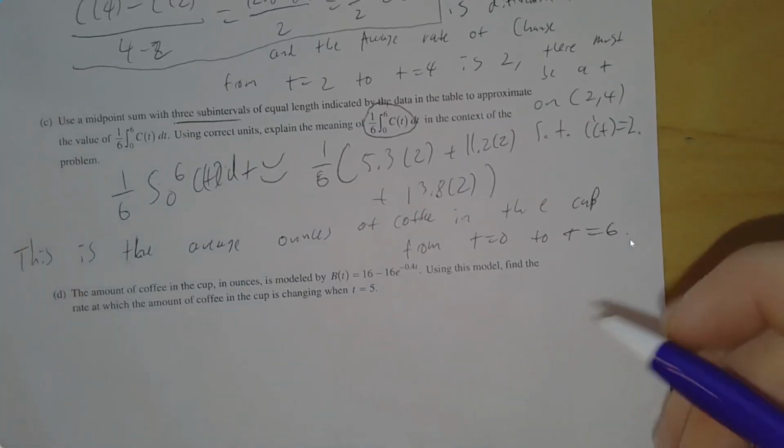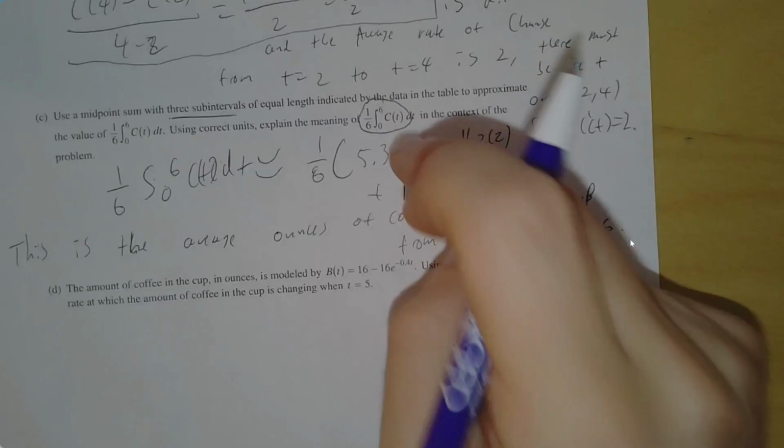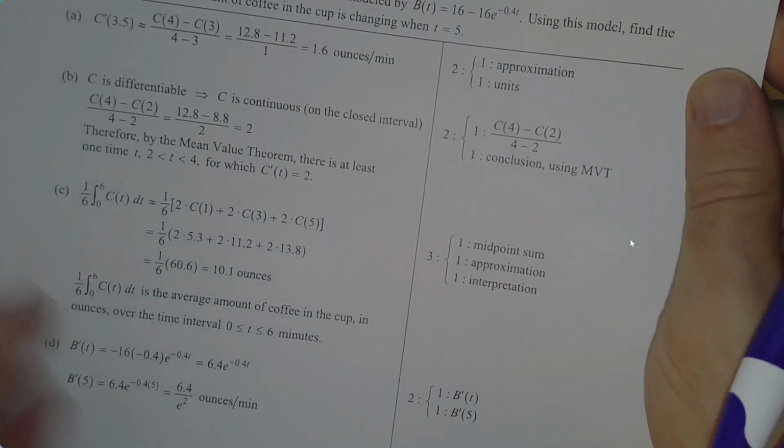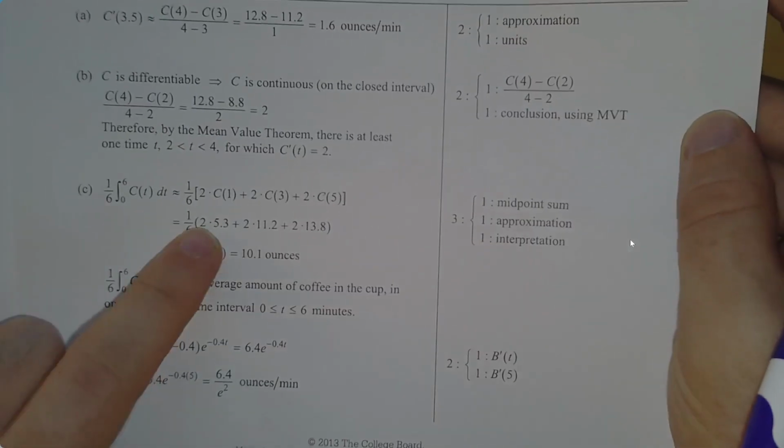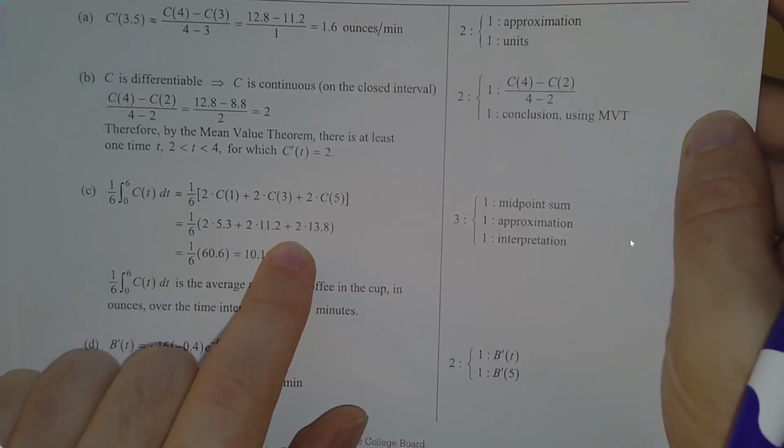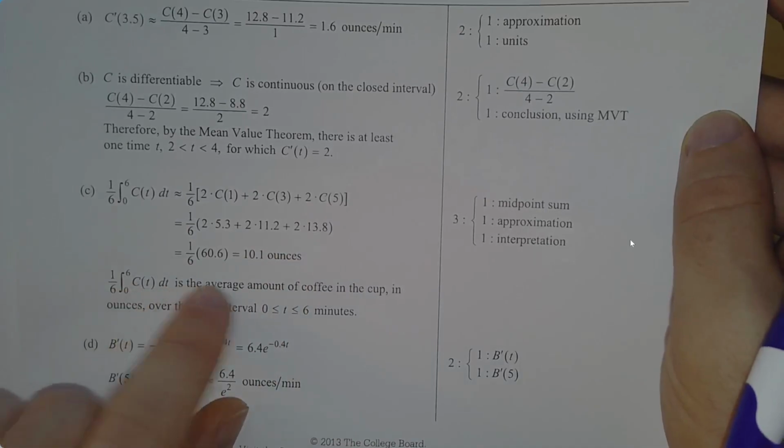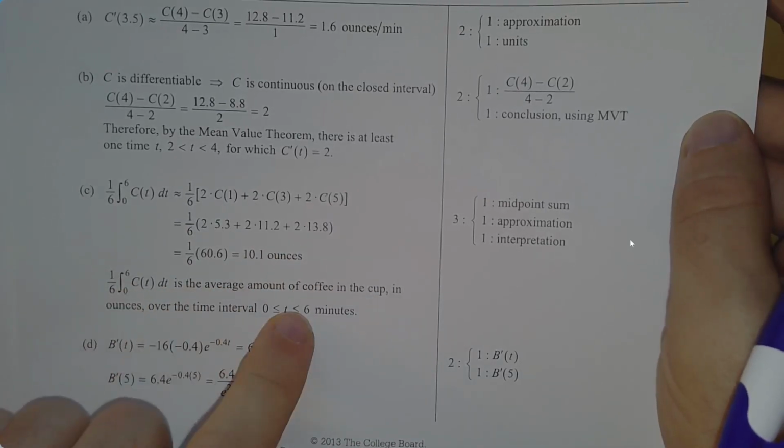Okay, that's what it means. You have to understand that it's average value. Basically the same thing. They did the simplified; I just left it unsimplified. That's fine. It's the average amount of coffee in the cup in ounces over the time interval 0 to 6 minutes.